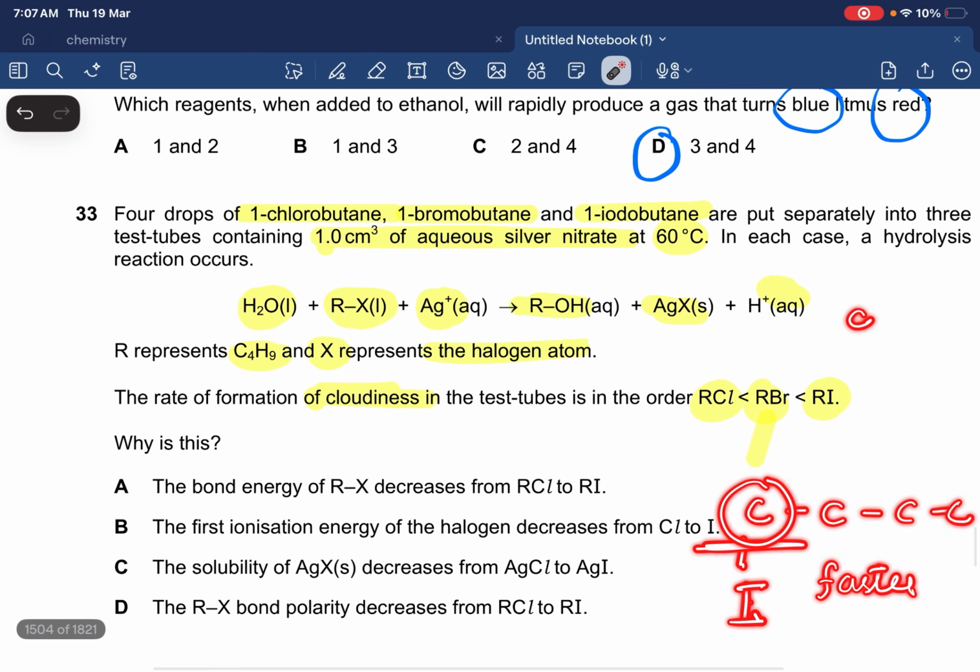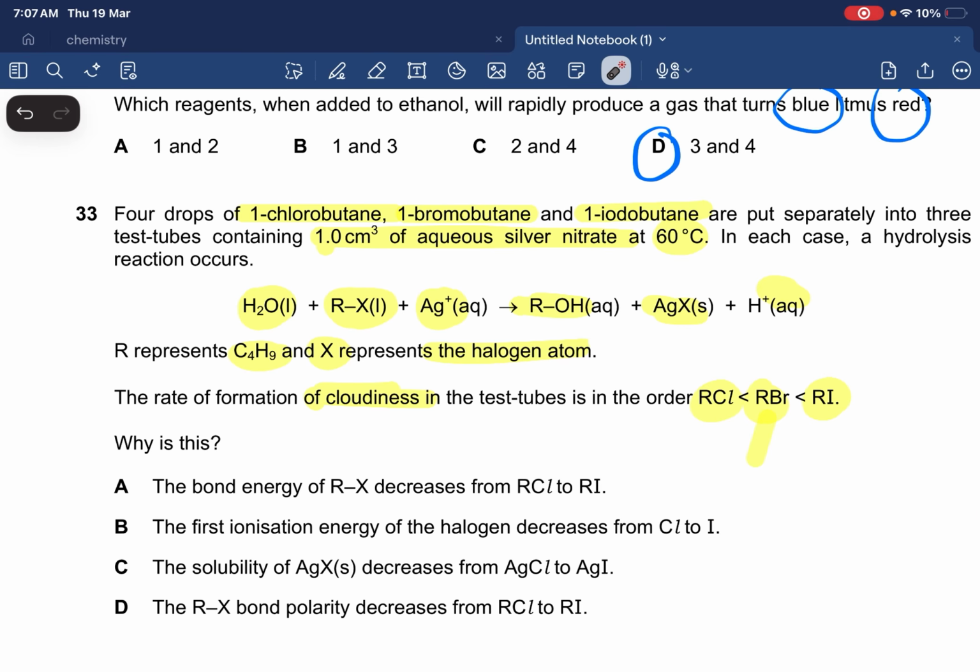Whereas if there's a carbon-chlorine bond, more energy is required to break it. That's why it's going to be a little slower. That's why iodobutane is going to form the cloudiness the fastest, because iodine is going to be given out in the solution the fastest.